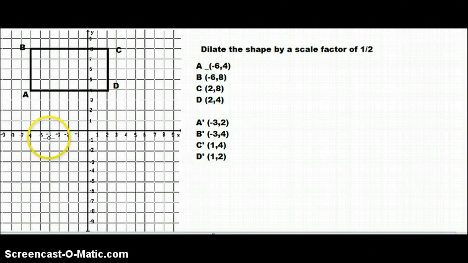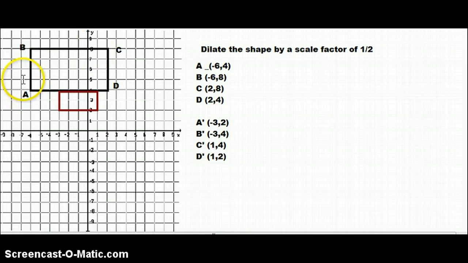Now we have to graph our new shape. -3, 2, -3, 4, 1, 4, and 1, 2. This is our new shape. Let's once again go back and look at the area of these two shapes.